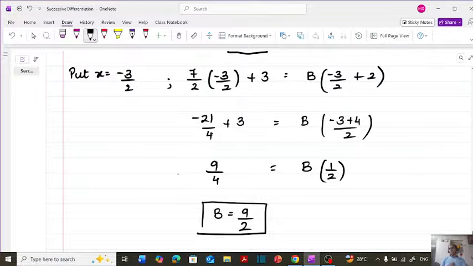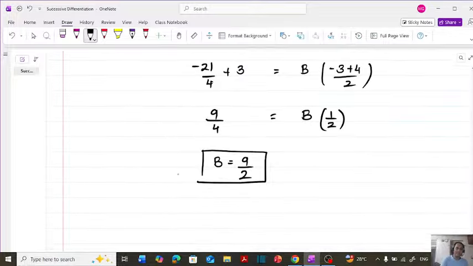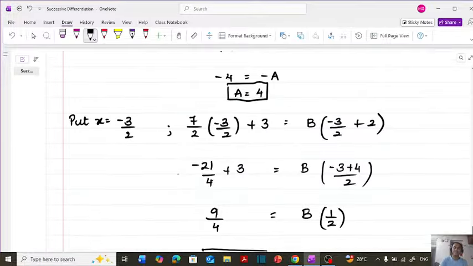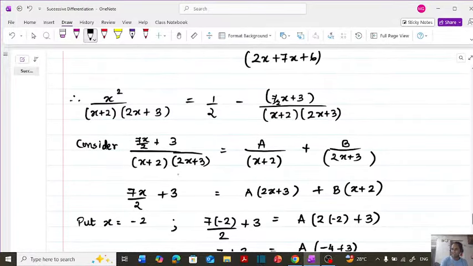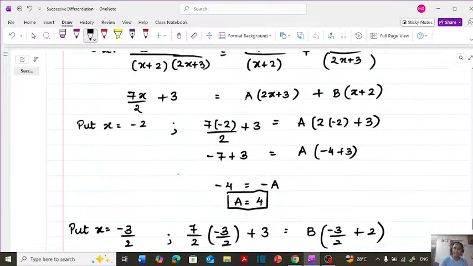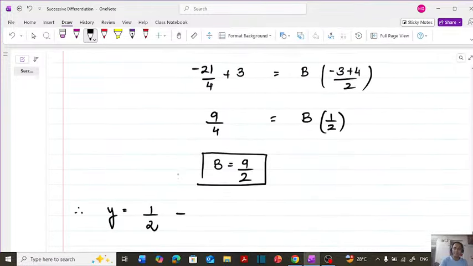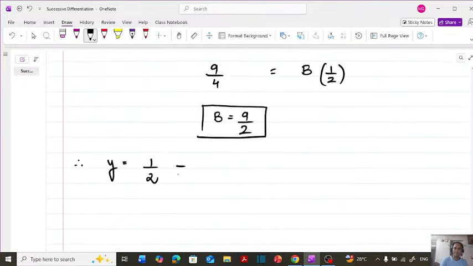Now we are in a position to go and apply the y-nth definition. So therefore you write down y is equal to half times minus of what was there? Yeah, see, there is already a minus sign, and then you are plugging up a. So a is going to be 4, right? So a is 4 in our case. So here it's going to be 4 upon x plus 2.